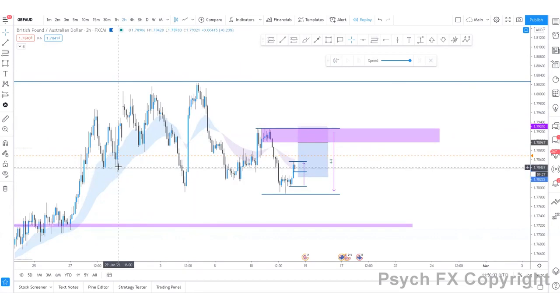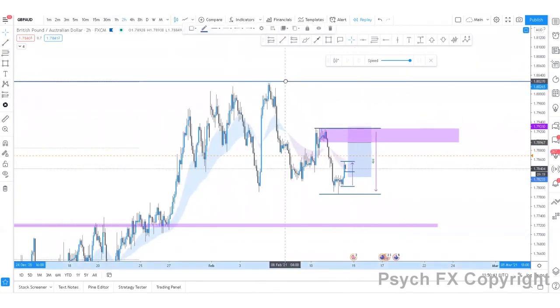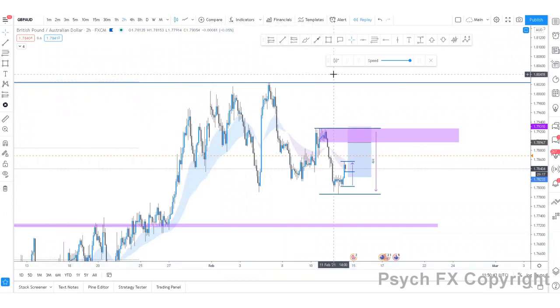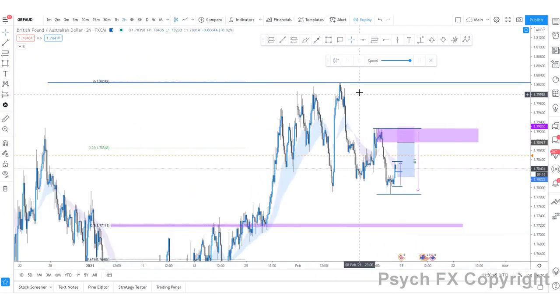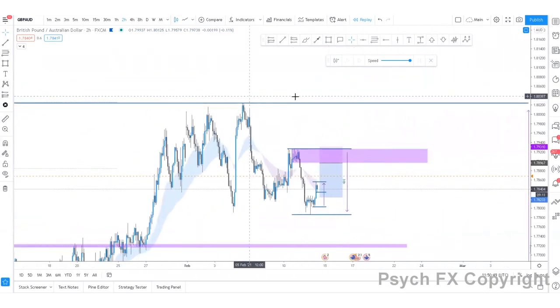Now, not always. I still use the cloud, but this is just another method that you can use, and arguably it's my favorite if you can use it properly. As I've grown as a trader, I can visualize it a lot easier. But if you don't find that easy at all, then maybe it's not for you.